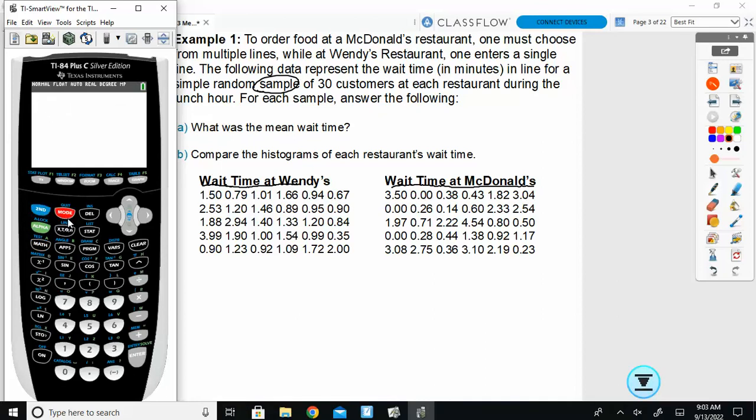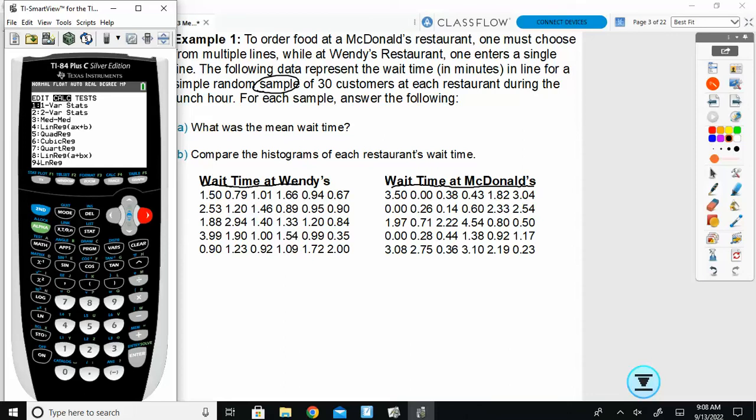So when you go into your lists, you have L1 and L2. Let's enter Wendy's in L1 and McDonald's in L2. You can enter more than one thing at once. So if we go back into STAT and calculate: yesterday we did one-variable statistics because we only had one set of data.